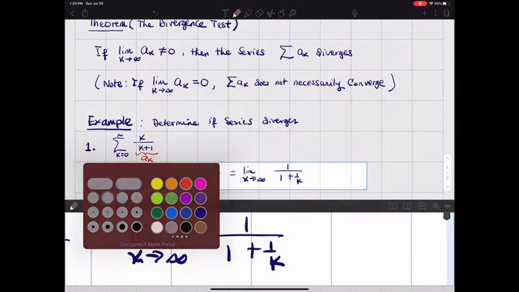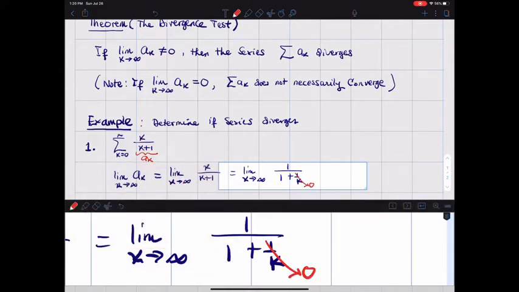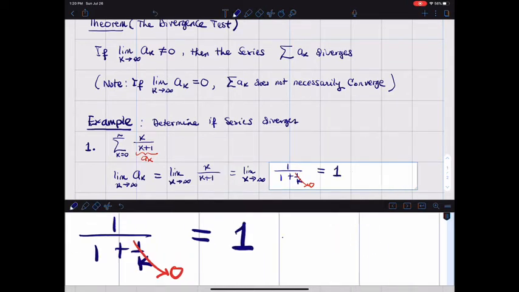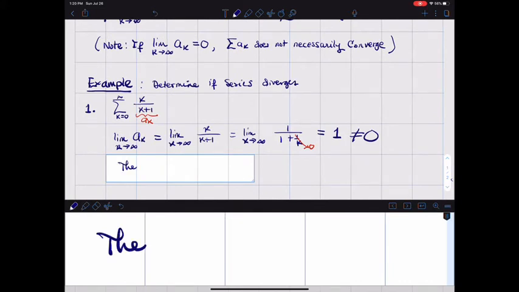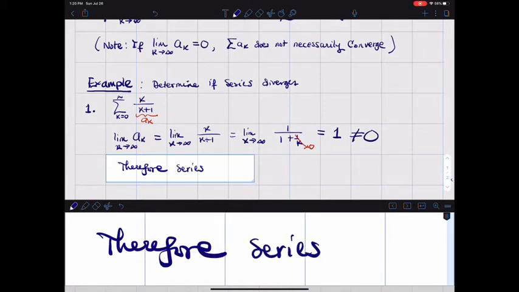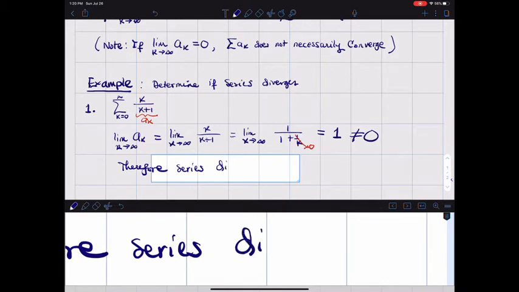And this definitely goes to 0. So that means that this limit is 1, and it's not equal to 0. So for that reason, our series diverges.